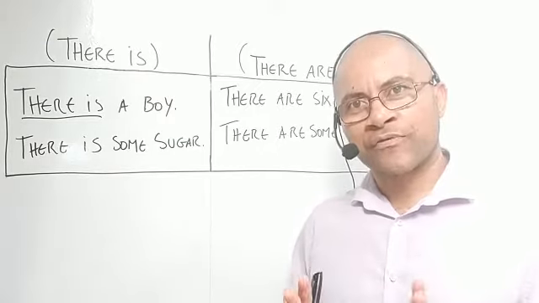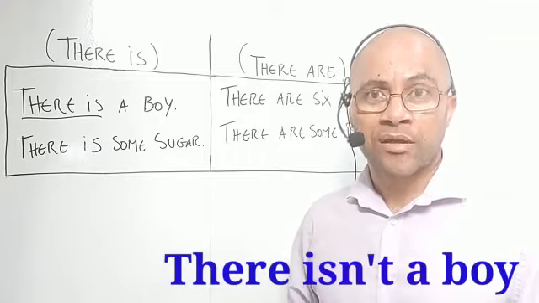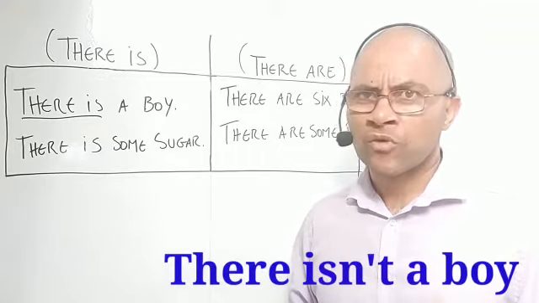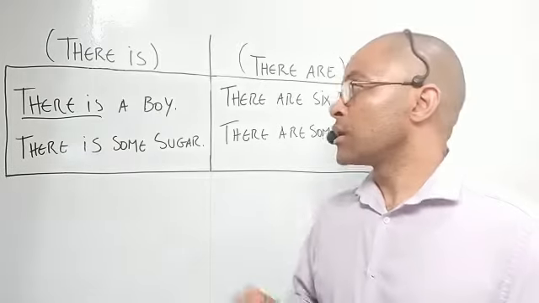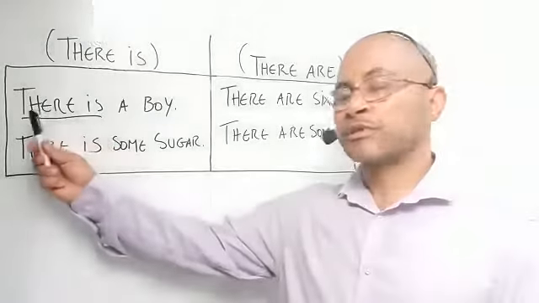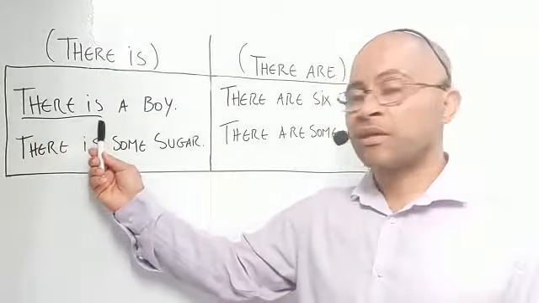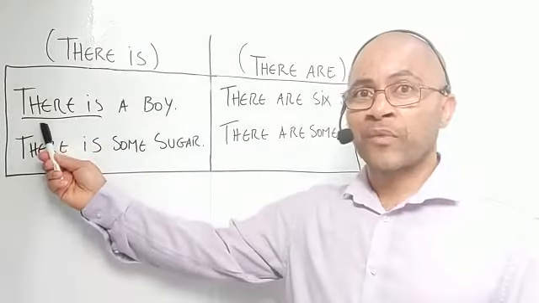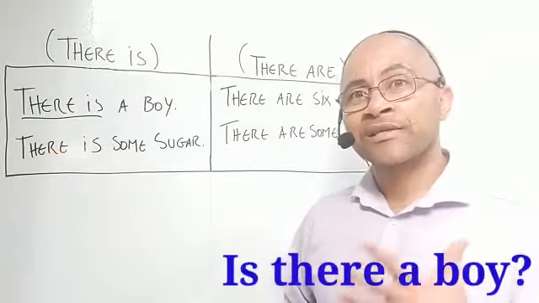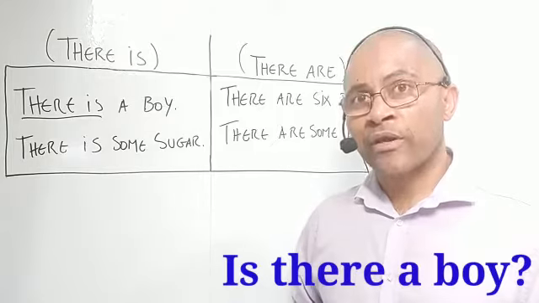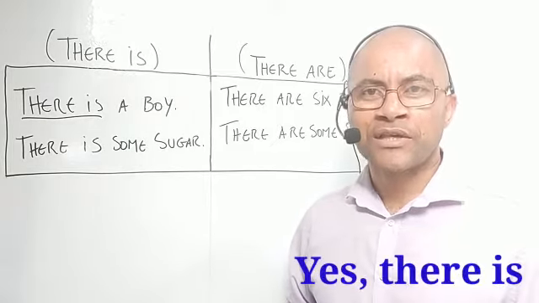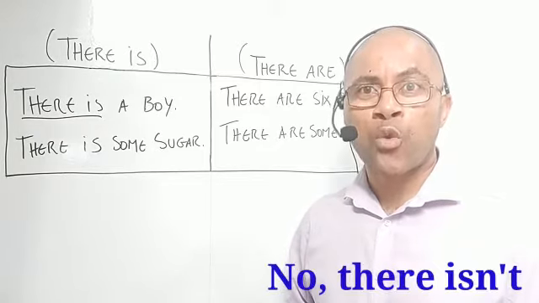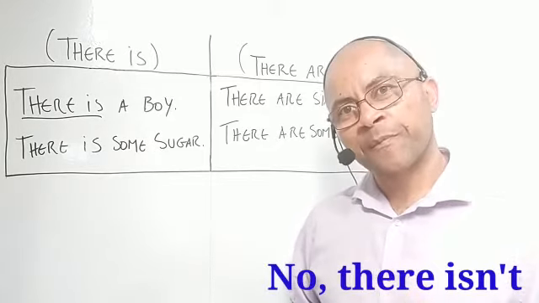Or, short form, there isn't a boy. Very simple. And with question, we change the position of the verb to be is and there, and we say, is there a boy? And the answer could be yes, there is, or no, there isn't.